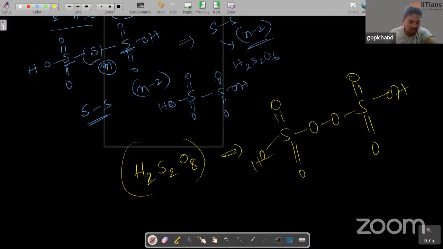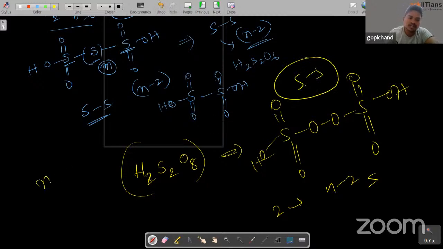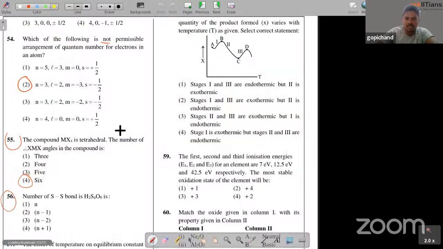In this case also they are asking about SS bonds. So we are having two S groups, so n minus 2 again gives 0. So there is no SS linkage here. So we can clearly say that n minus 2 is the most correct, appropriate answer. So n minus 2 is the answer.